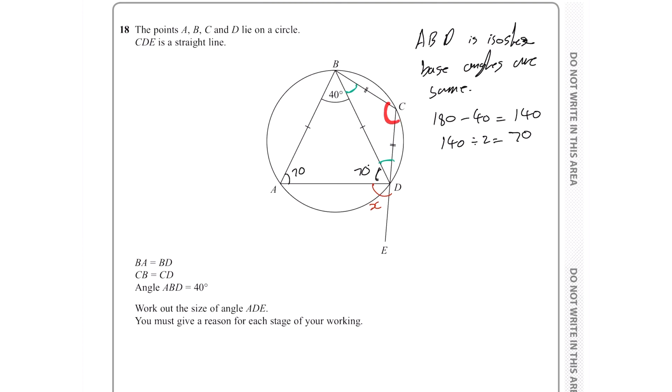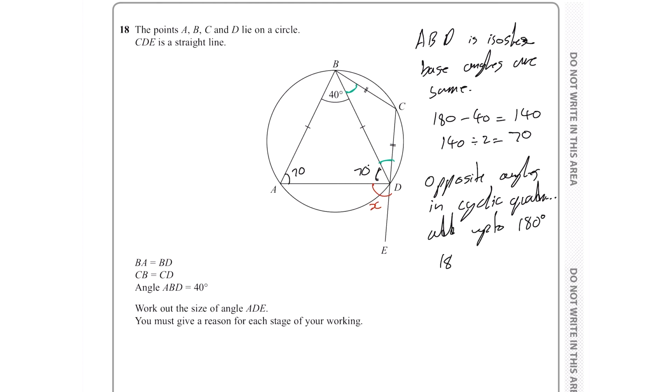So in order to get this triangle, you need to know that angles inside a cyclic quadrilateral add up to 180. So that means this plus this add up to 180. So we can write, let me just change color. So opposite angles in a cyclic quadrilateral add up to 180 degrees.